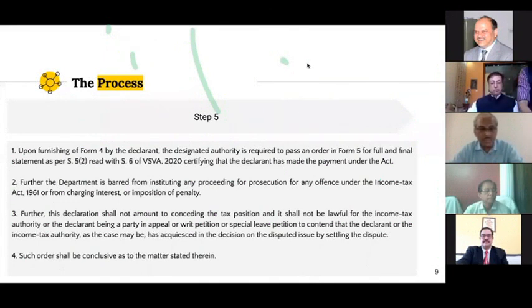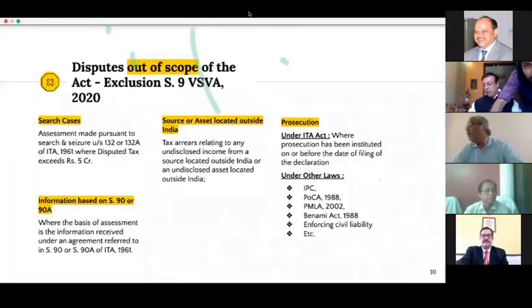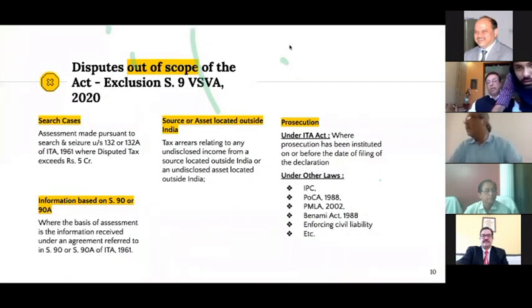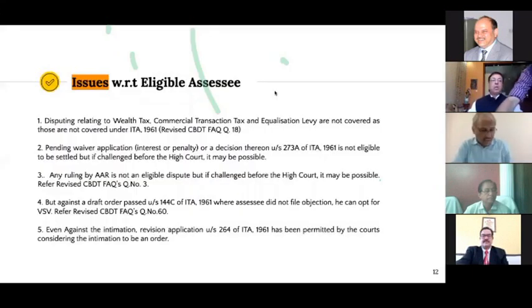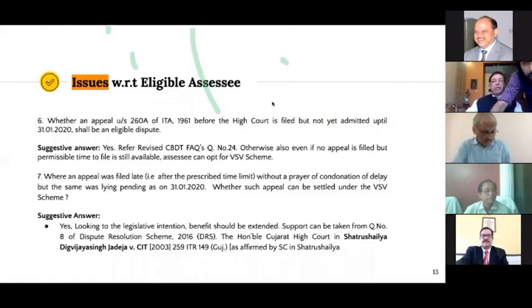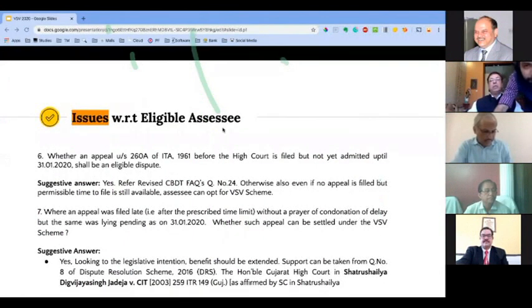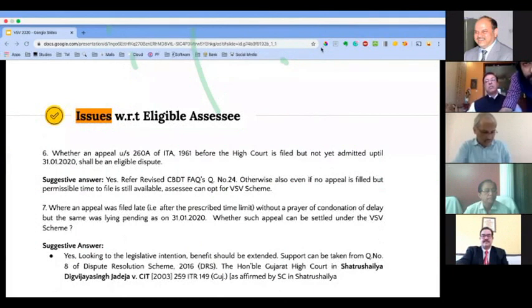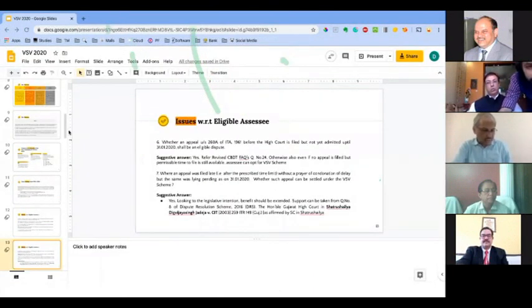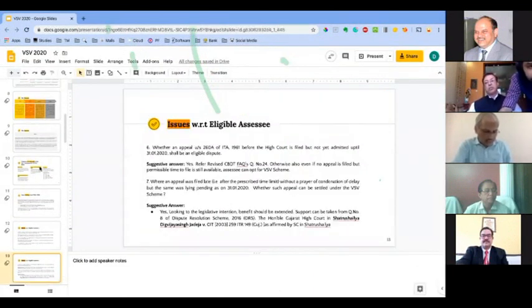Next screen. Now, friends, with this, let me discuss some of the issues, the gray areas which are arising. I tried to prepare some of the issues. Firstly, there are certain points which I wanted to bring to your notice, though truly speaking, they may not be in the nature of a dispute.